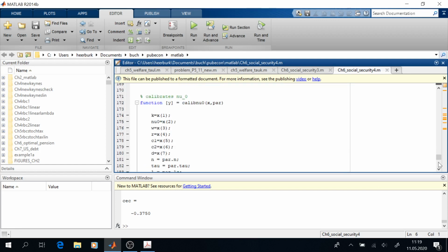And this is implied in the function or procedure calib nu0. So here you can see that the variable L has been replaced by the variable nu0, where we recalibrate the parameter nu0, which measures the weight of this utility from labor. And we find it's very close to the value that we used before, 257. So the first 3 digits are the same.